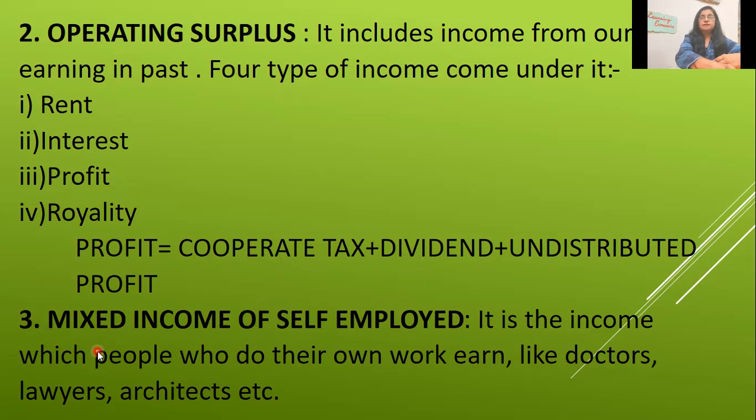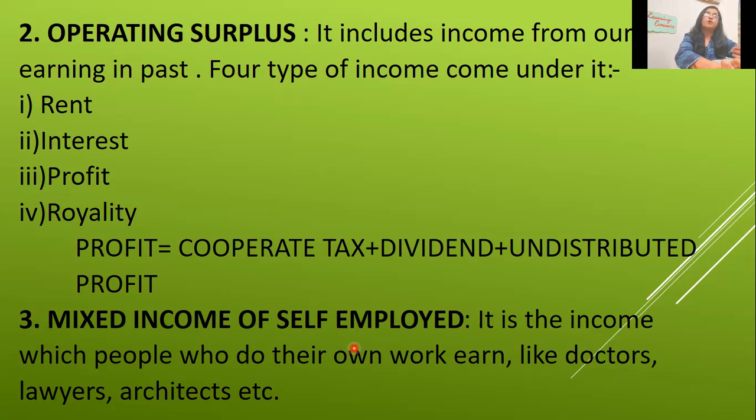Now, the third type of income which we include in national income is mixed income of self-employed. Mixed income of self-employed is the income where people are not working for anyone as an employee. They have their own work. Like if I'm an architect, I'm making maps of houses or designs of something. If I am a lawyer, I'm giving advice to people.